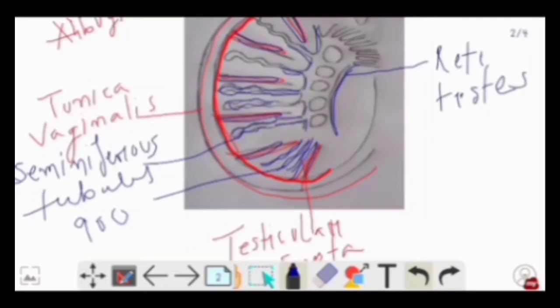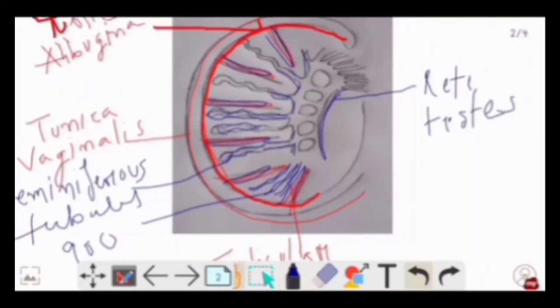This rete testis opens into small tubes. That means there are some tubes which conduct everything coming from the seminiferous tubules into another structure, and this part will be called the epididymis.